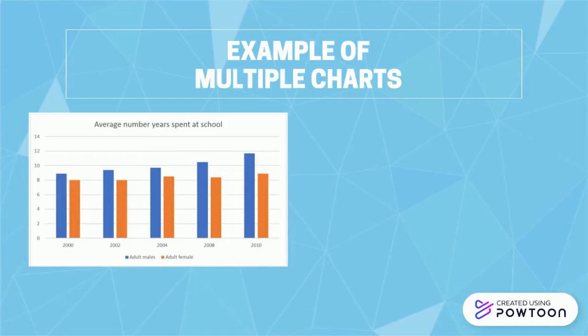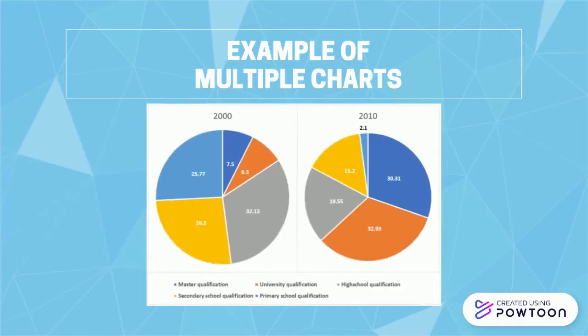Now let's see the second picture. These diagrams illustrate on average how many years the adults in Singapore spend at school, and to what extent their highest level of education changed from 2000 to 2010.